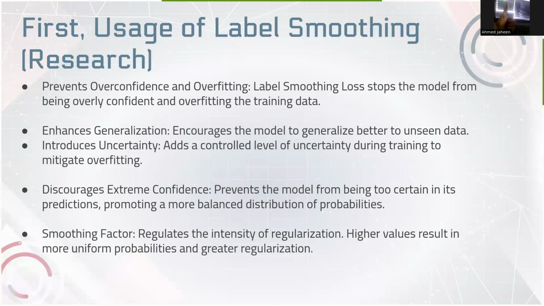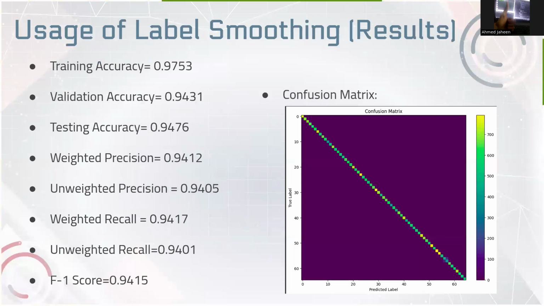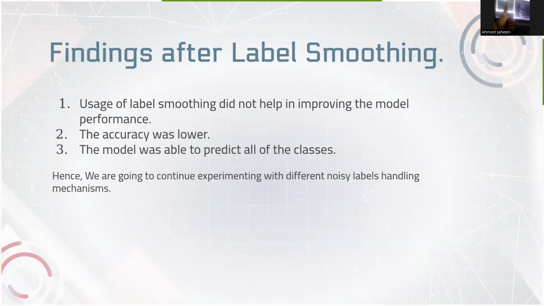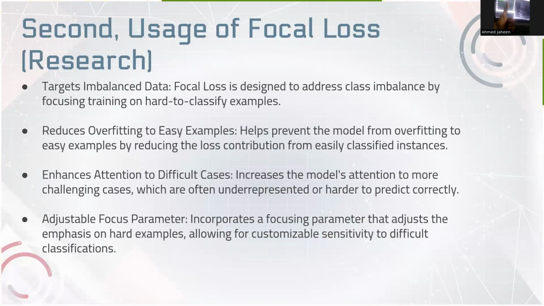However, it only works on some architectures. And as we're going to see in the results, it wasn't that good after adding the label smoothing, which doesn't work well enough on our model. The accuracy was lower than the original one, and the model was able after that to predict all the classes. So we're going to experiment with the other noisy label mechanisms.